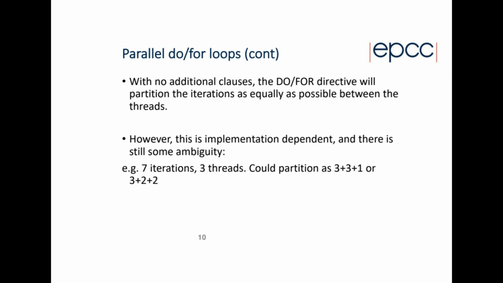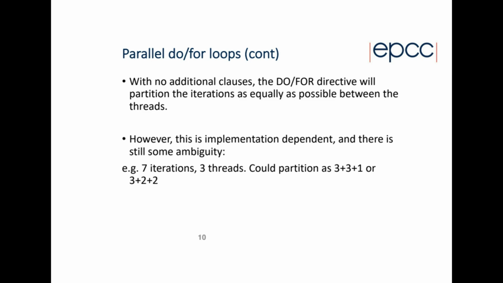Okay, so let's carry on with that then. If we don't specify any additional clauses, then the work sharing loop directive will partition the iterations as equally as possible between the threads.